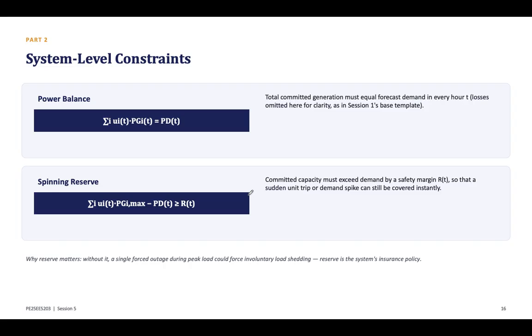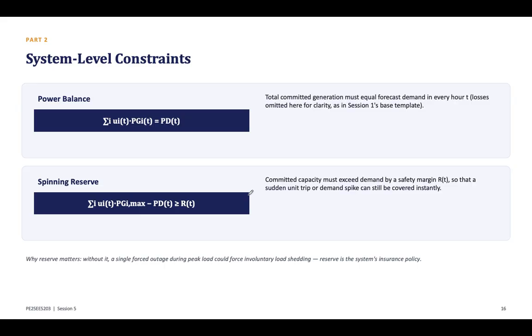In real systems, the definition of reserve can also include response time, ramp capability, and contingency requirements. The simplified equation used here captures the essential principle. Enough online capacity must exist to absorb a credible disturbance without immediate load shedding.